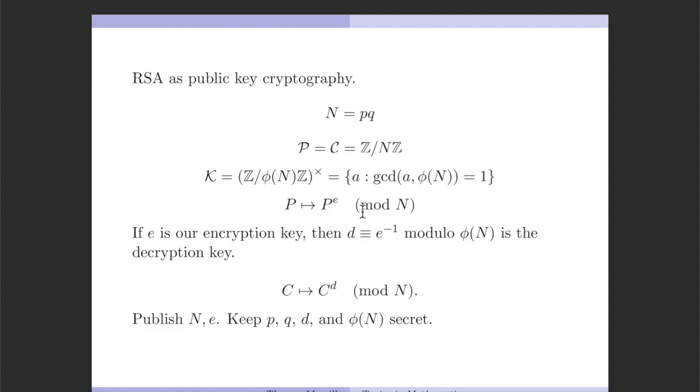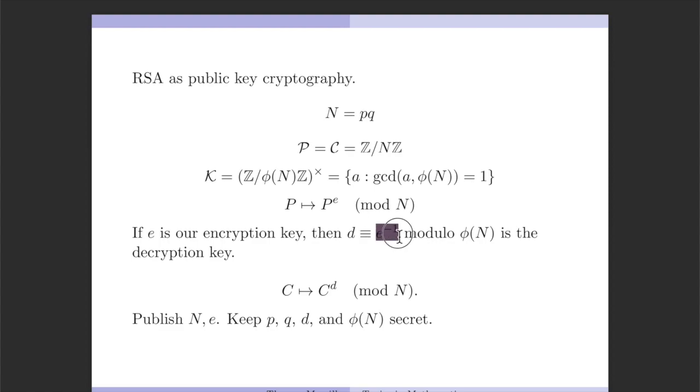The encryption formula that I use, I'll take a plain text p, and I'll send that to p raised to the power e modulo n. So e is coming from my key space. And if e is my encryption key, then my decryption key is just the multiplicative inverse of e mod phi of n.